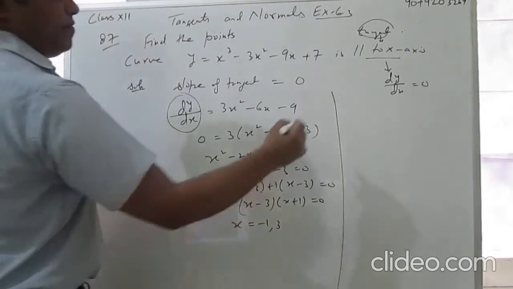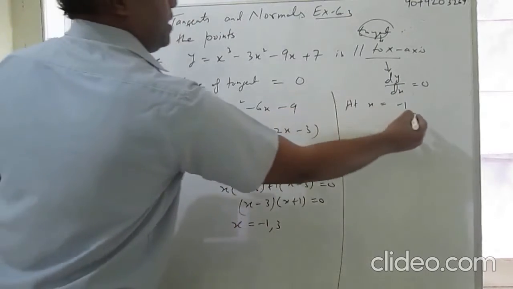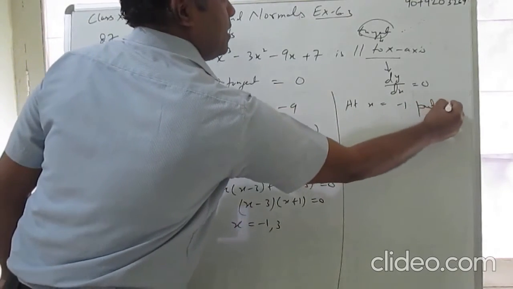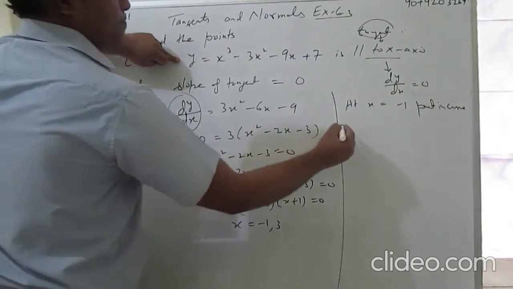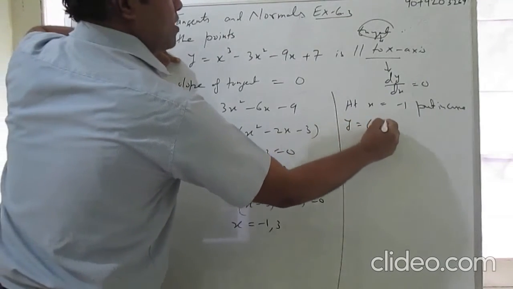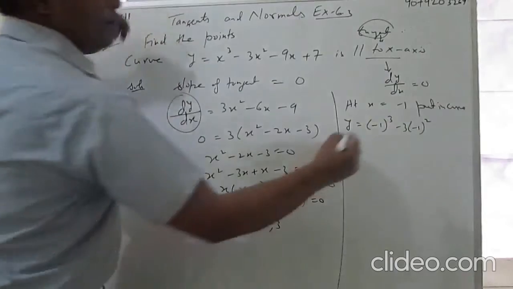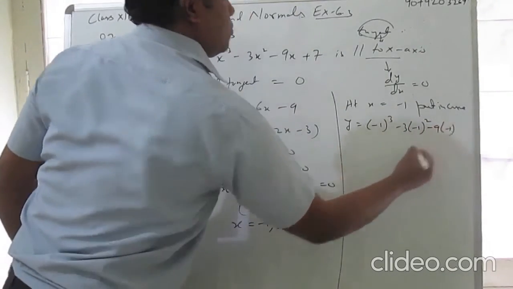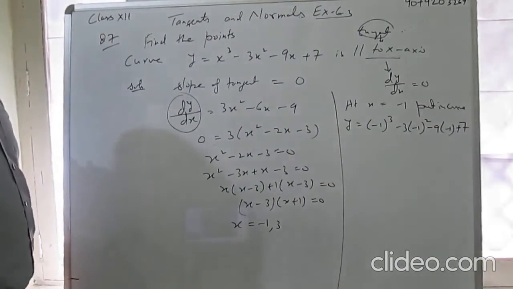Now at x is equal to minus 1, put in the curve, so you will get y. y is equal to minus 1 cube minus 3 into minus 1 squared minus 9 into minus 1 plus 7.